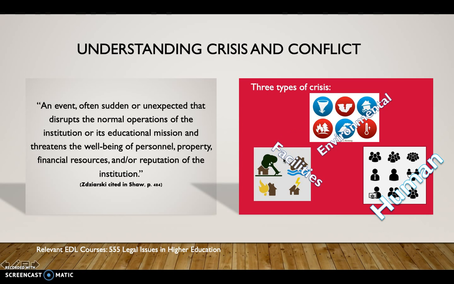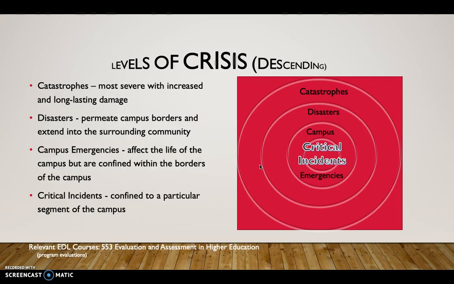The other is facilities. Some of those facility problems were a result of the hurricane, but that's the overall physical infrastructure of the campus. And the third is the one we'll be focusing on today, which is the human element of crisis. And the relevant course for this understanding is, I'd speculate, 555, Legal Issues in Higher Education.